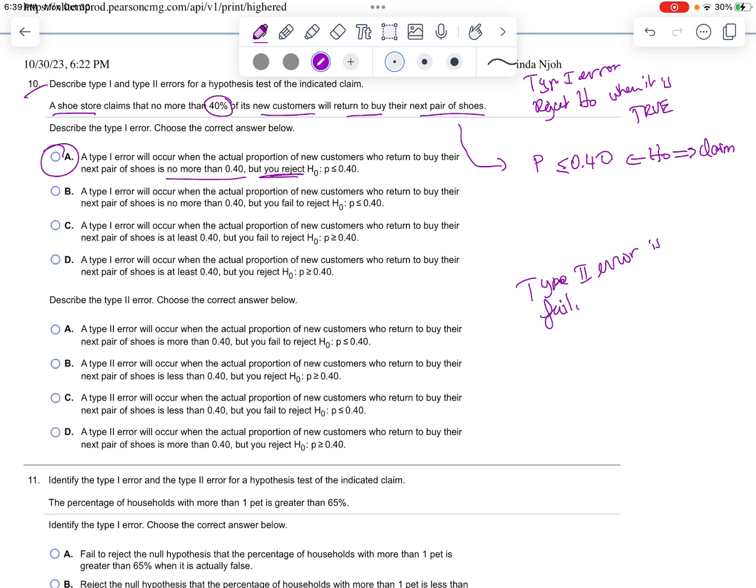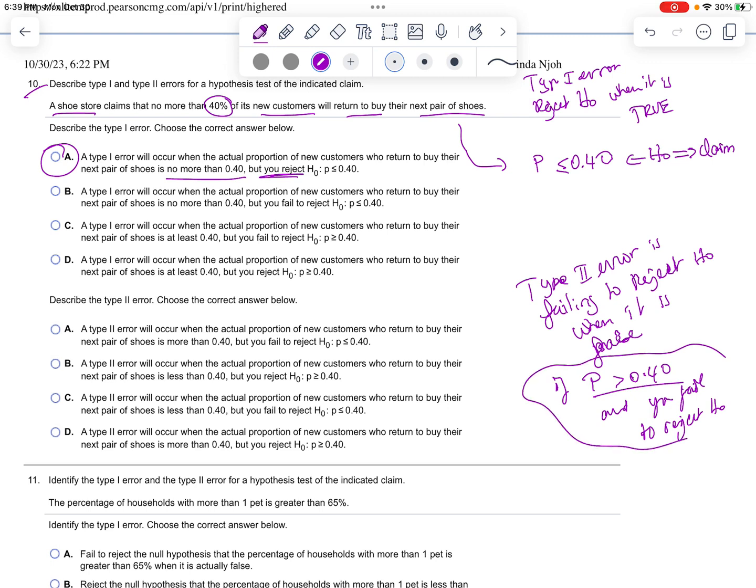So type 2 error is failing to reject the null when it is false. So that statement will be false if what? If the proportion of new customers who buy the next pair of shoes is more than 40%, but you fail to reject the null, this is your type 2 error.